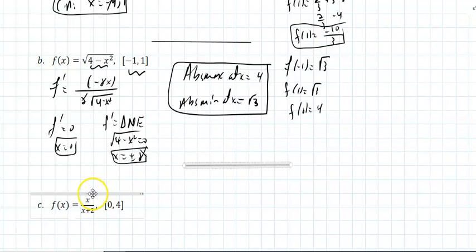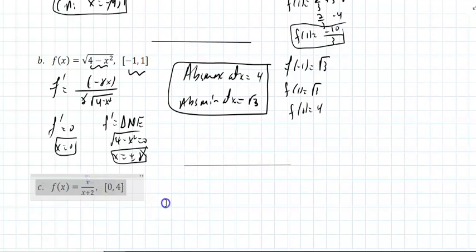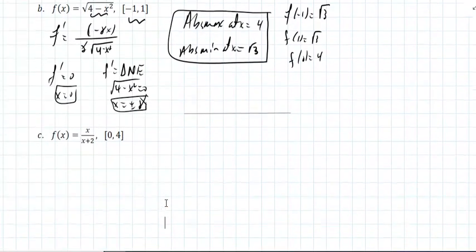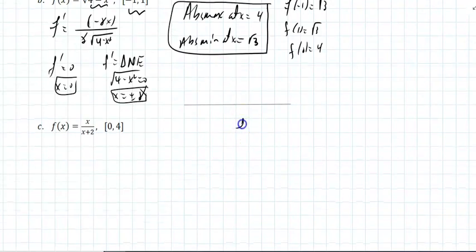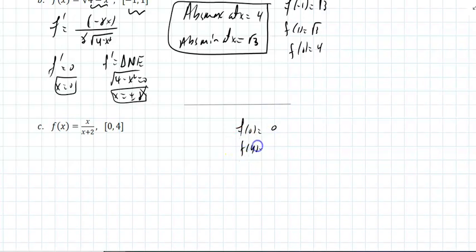The next problem is a rational function, so I'm doing one of each type of problem that you come across in this book. What is f of 0? F of 0, 0 over 2, is 0. What's f of 4? That is 4 over 6, which is 2/3. So far, this is the absolute maximum, this is the absolute minimum, but what happens in between?